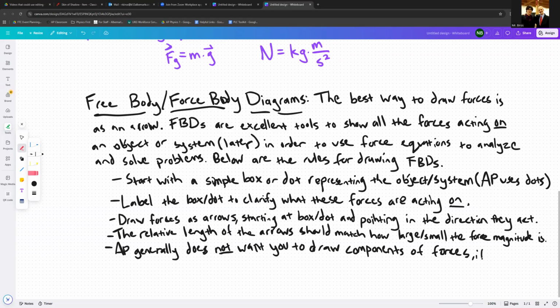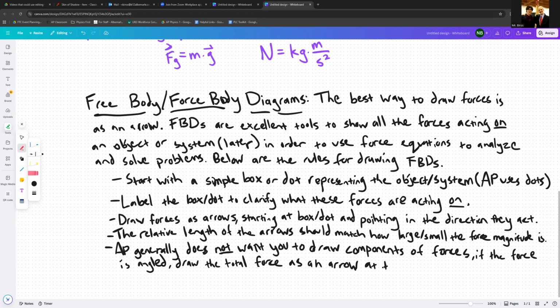If your force is angled, you have an angled force at some angle, simply draw the entire, or total, force as an arrow at that angle specifically, whatever it is.